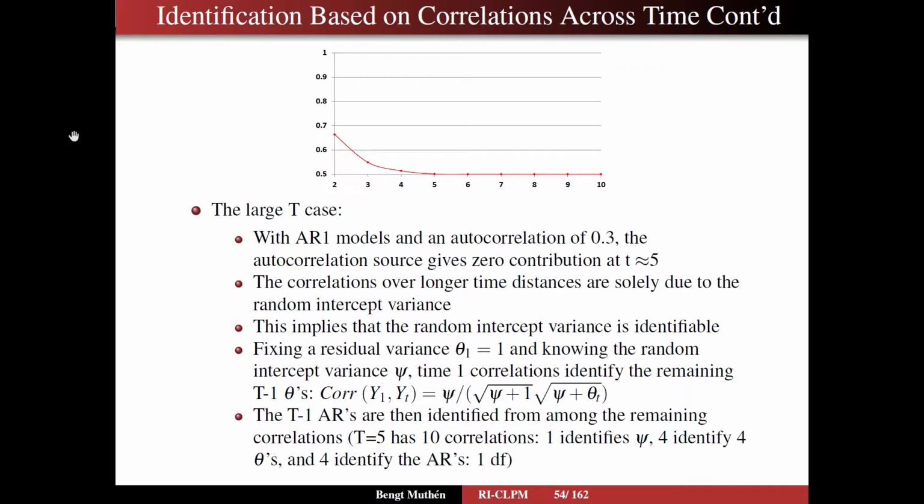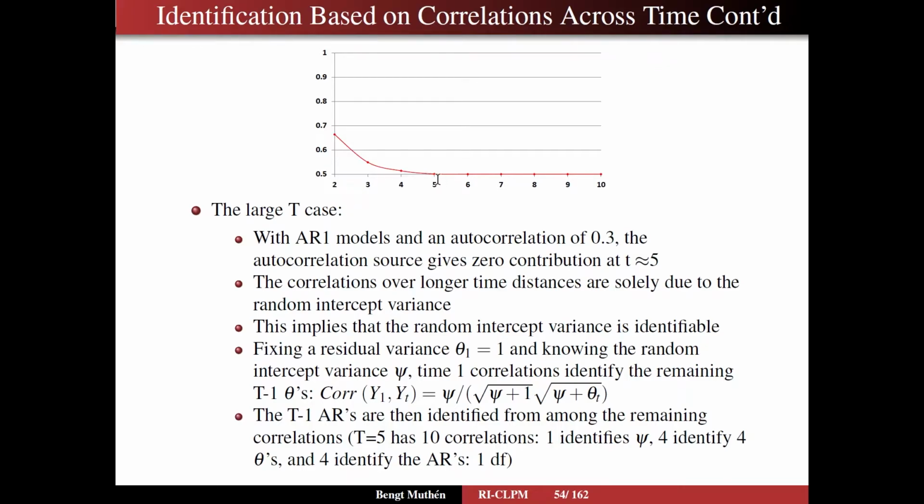On slide 54, we take a closer look at the identification based on correlations across time. And we're going to focus on the large T case, that is having many time points. So the figure again shows correlations across time for an AR1 model and an autocorrelation of 0.3. And we see that the correlation across time goes down towards the lower asymptote of 0.5 already at t approximately equals 5 here.